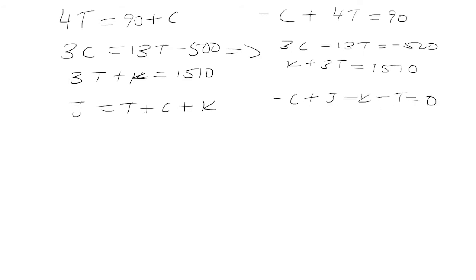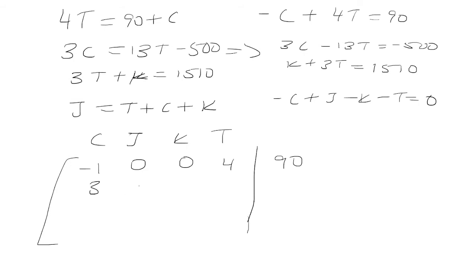Okay, so for the matrix, the way we're going to do it is first put the coefficients of C, then J, then K, then T. The reason I'm doing this is because this is in alphabetical order. So the first row, we have negative 1C, 4T, and then that's going to equal 90.